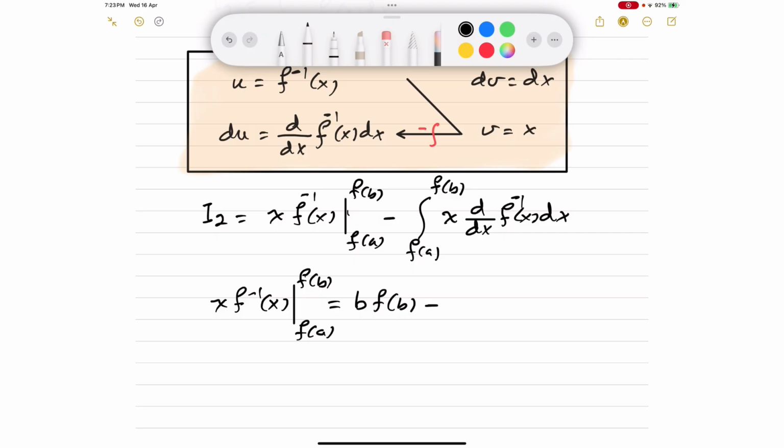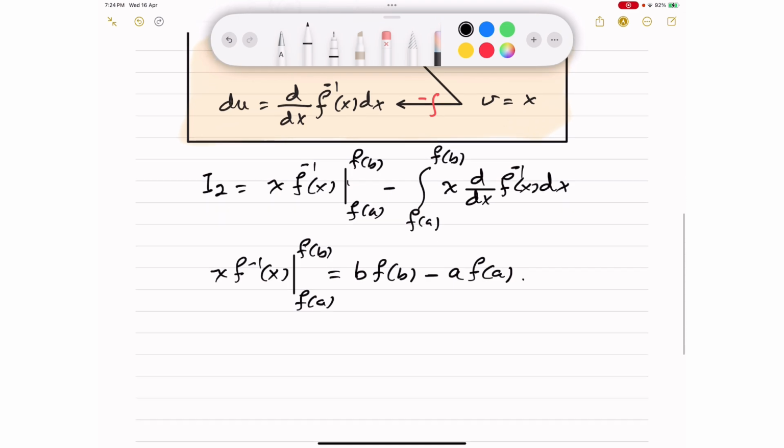Minus, if we substitute the lower limit, f of a multiplied by f inverse of f of a, which is simply a, so it's a multiplied by f of a. So in a way we have proven half of the property.